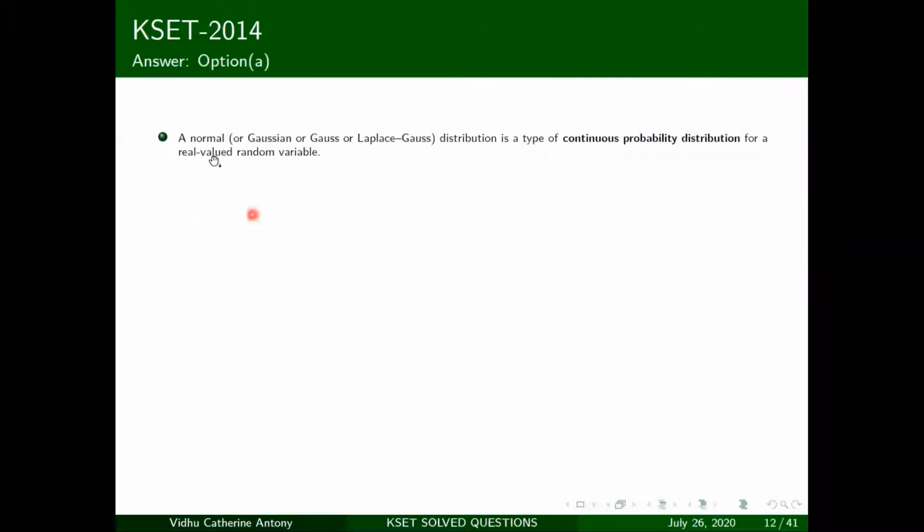Okay, so a normal or Gaussian or Gauss or Laplace distribution is a type of continuous probability distribution for a real valued random variable. A normal distribution is sometimes informally called a bell curve, but there are other distributions which are bell-shaped as well. So saying that it is the only bell curve, that that is the name of the curve, is not really nice.